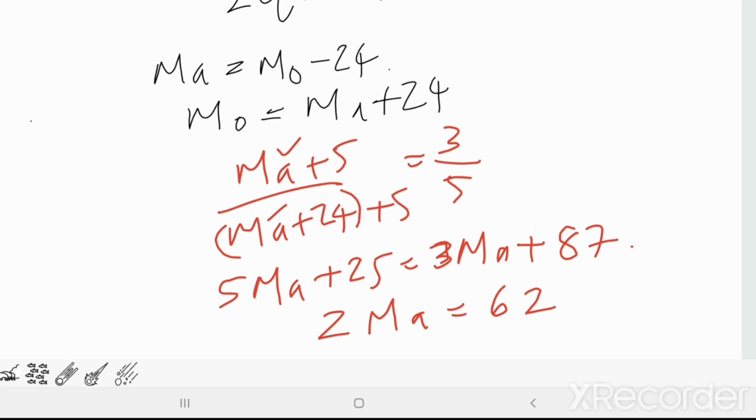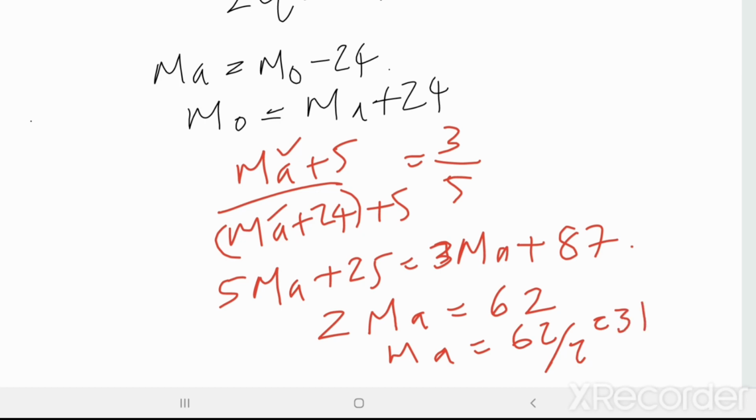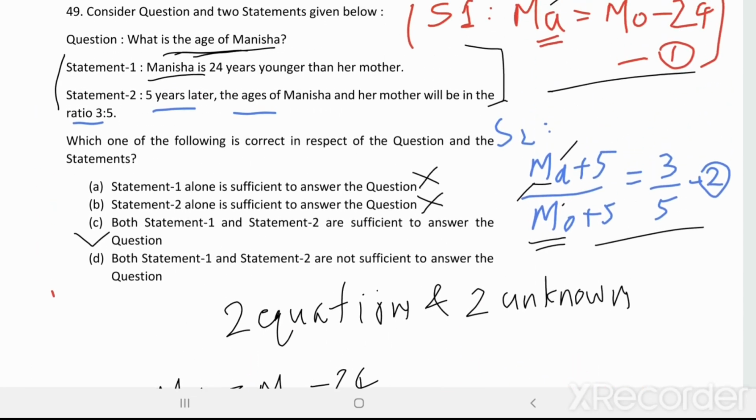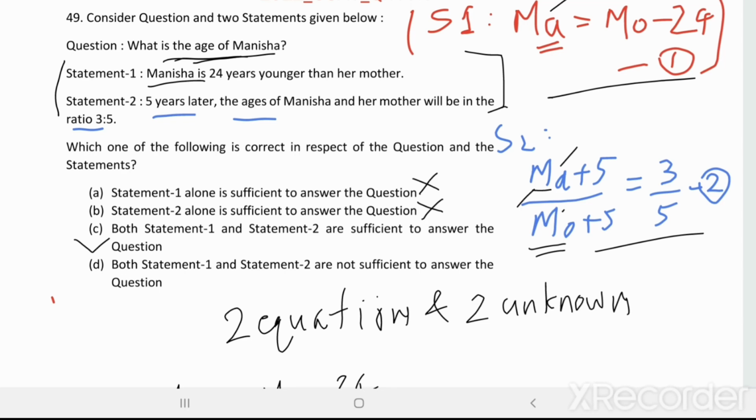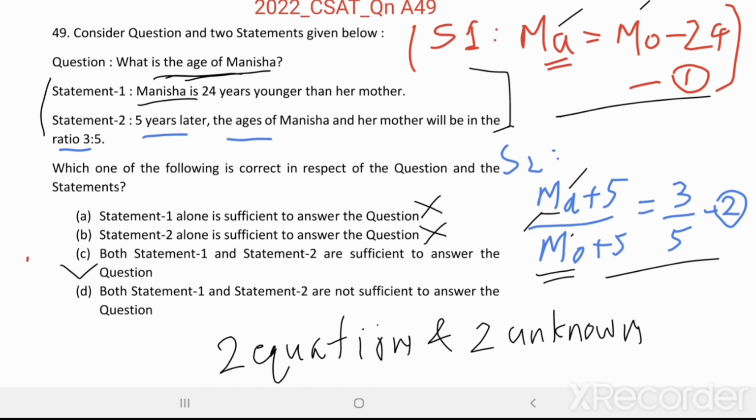Then the value of MA equals 62 divided by 2, we get 31. Present age of Manisha equals 31. We could answer the question, what is the age of Manisha, using both statement 1 and statement 2. Option C is the right answer.